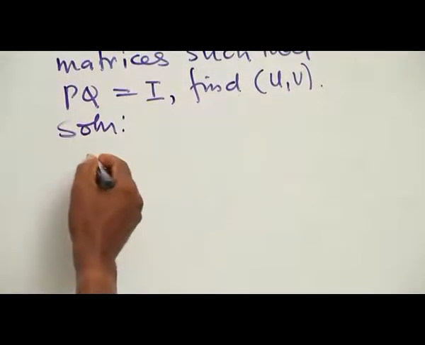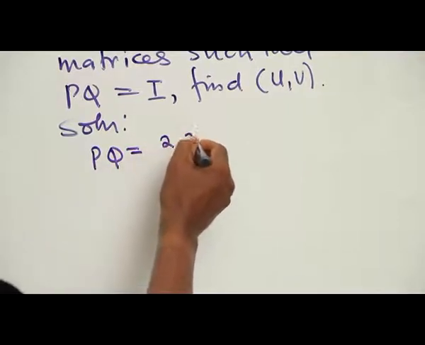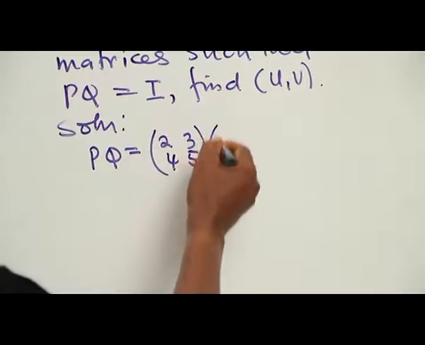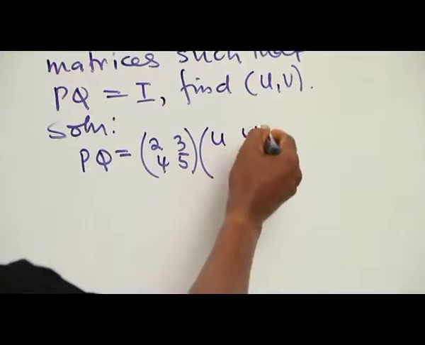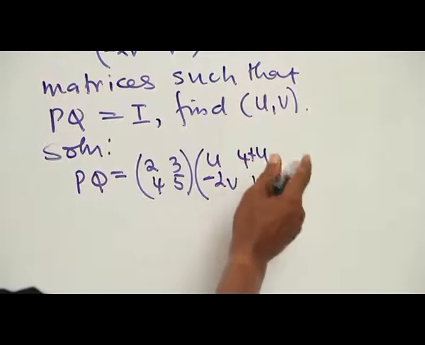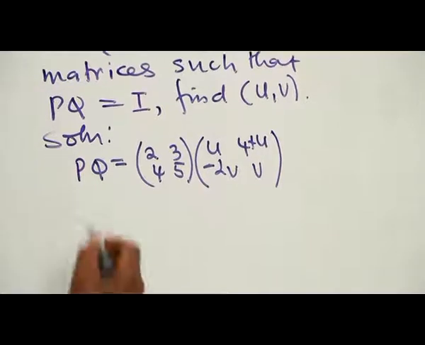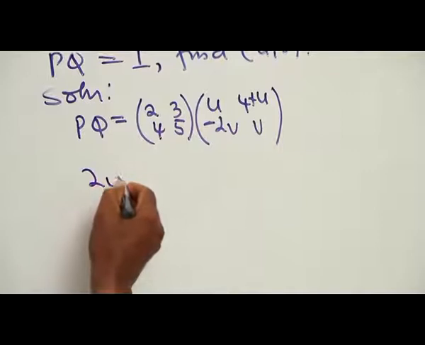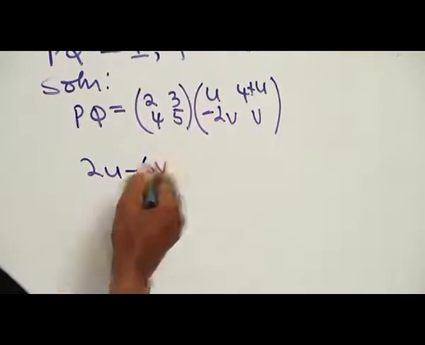Now, your solution. All we need is to write your PQ to be equal to 2, 3, 4, 5, multiplied by Q, which is U, 4 plus U, and then we have minus 2V and V. Let's get the product of this one. Already we know what to do. 2 times U is 2U, and 3 times minus 2V is minus 6V.